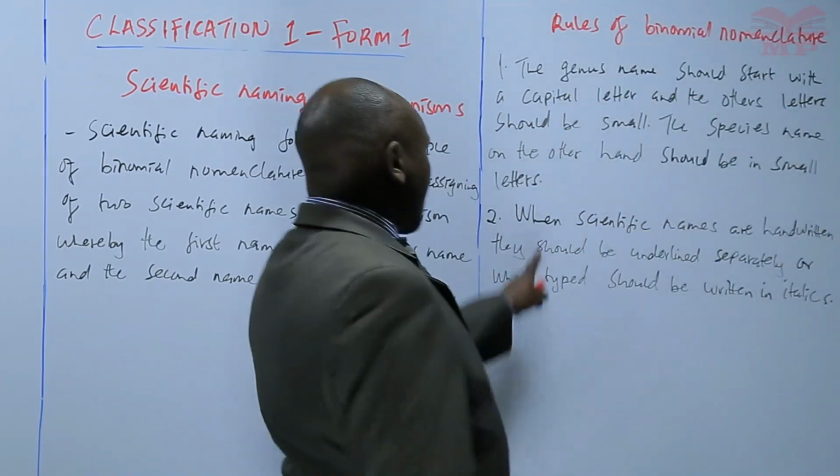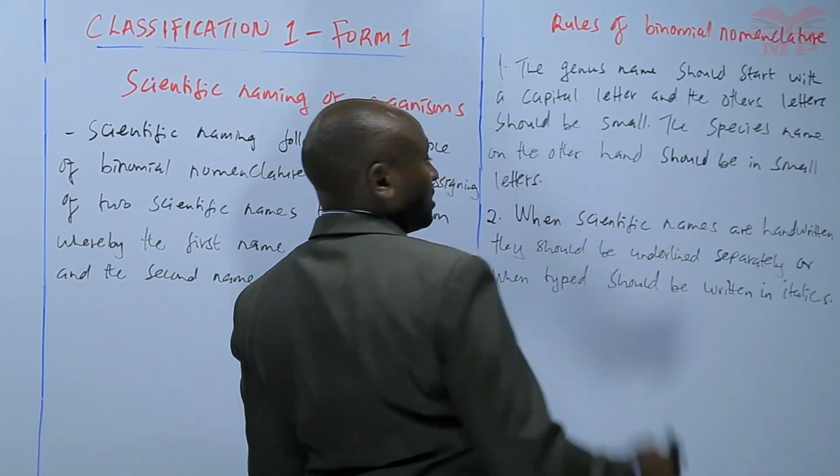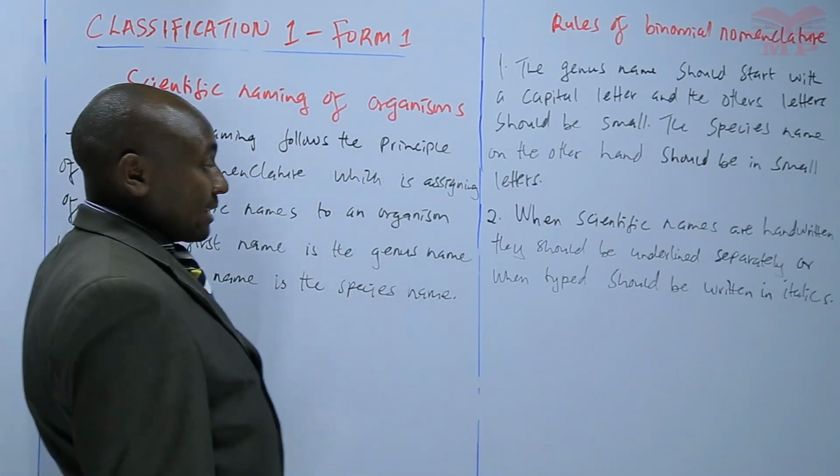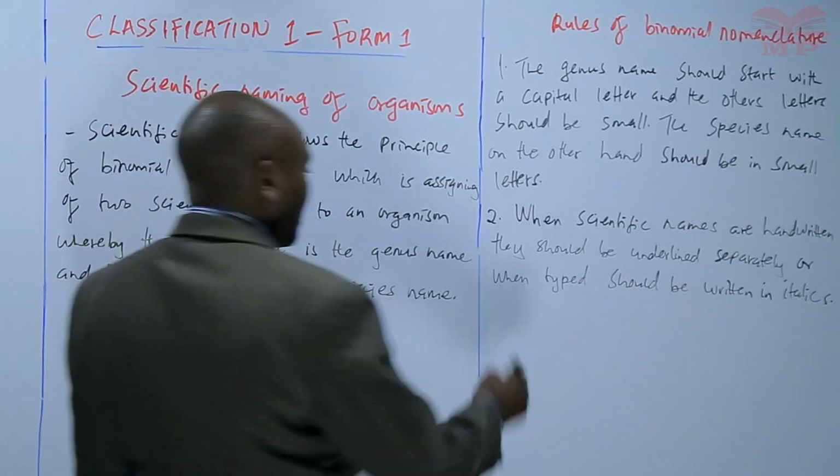So if the scientific names are to be handwritten, they should be underlined separately. But when typed, they should be written in italics.